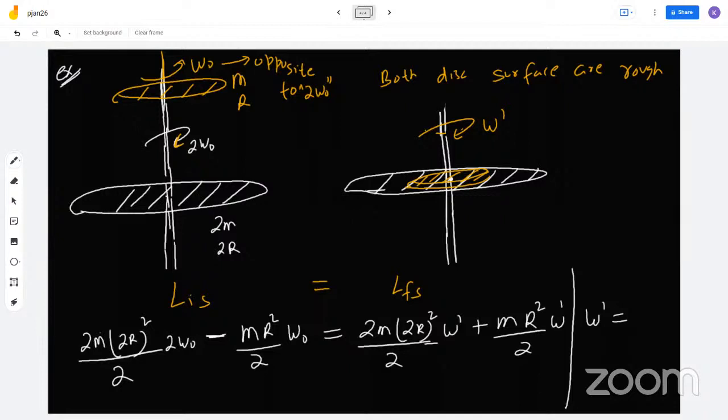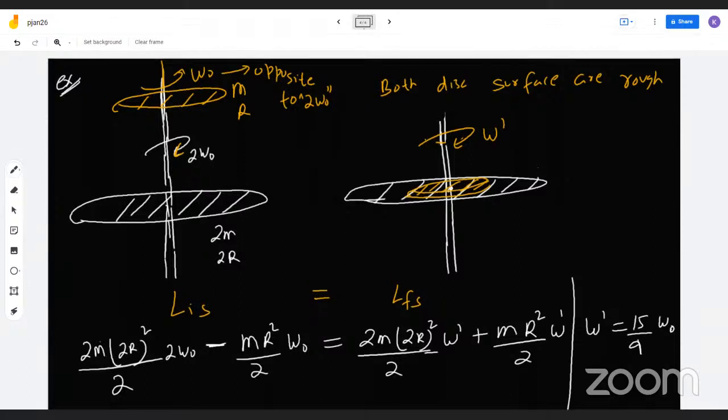So 15 by 9. 15 by 9 omega naught. Anya, the answer is matching, same 15/9.